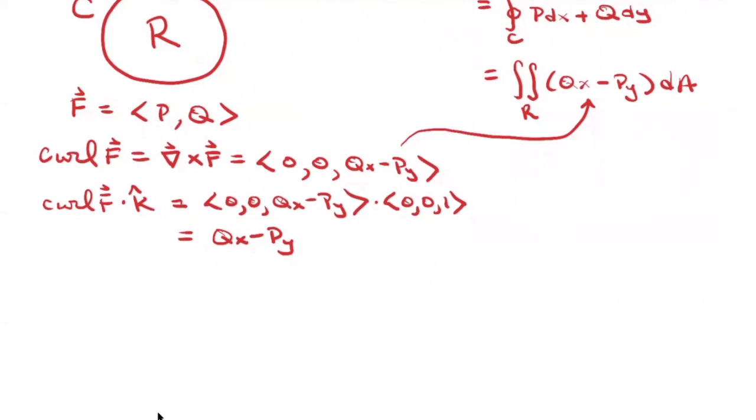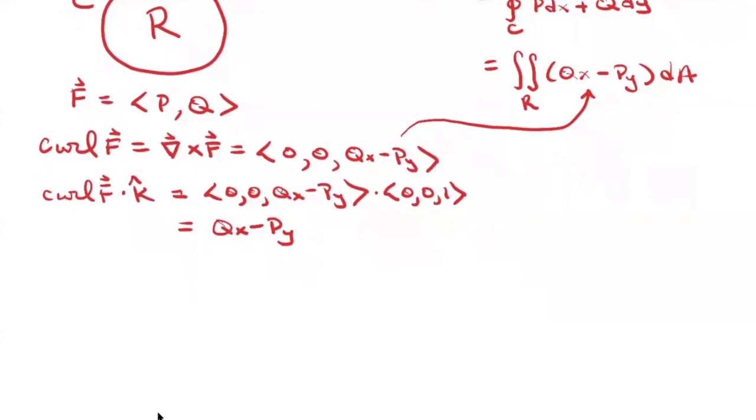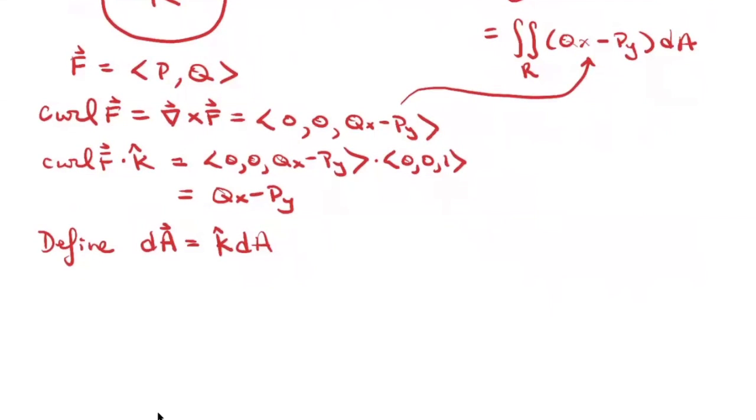The only other thing I would do is sometimes we like to make areas and arc lengths vectors. So if we define dA with a vector symbol over it as k times dA, the scalar, just note that curl F dotted with dA, the vector differential, just like dr is sort of a vector differential for arc length.